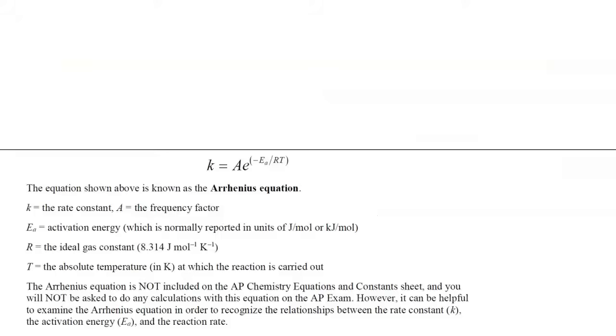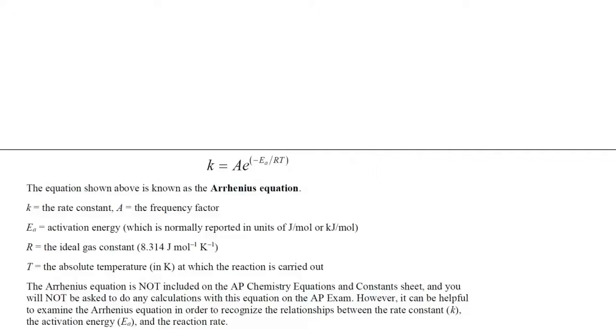I know that at the bottom of this slide, and you can see this in your packet, it gives you the following sort of guideline or warning. It says the Arrhenius equation is not included on the AP Chemistry equations and constants sheet, and you will not be asked to do any calculations with the Arrhenius equation on the AP exam. So if you're wondering, why am I talking about it?